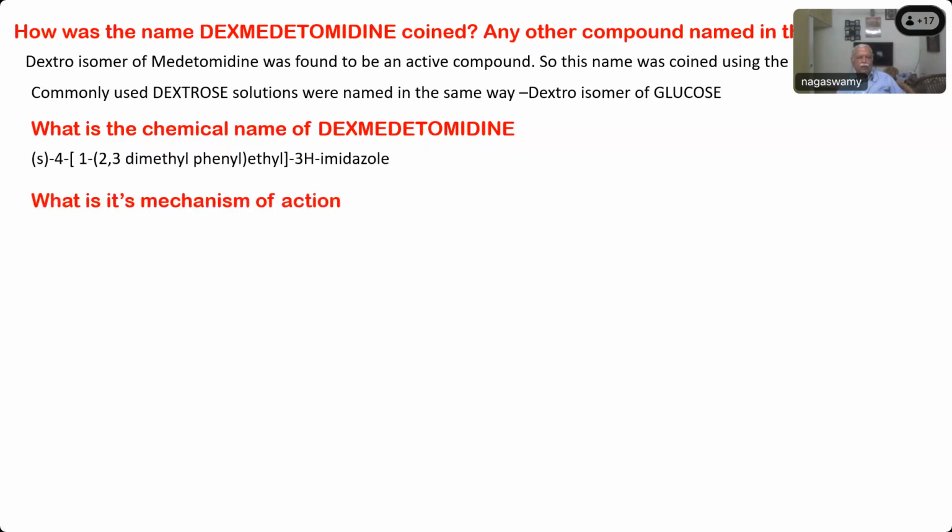So it is an imidazole compound. At least remember that. What other imidazole compound are we using? Etomidate, sir. Etomidate is an induction agent. Very good. So this is also an imidazole compound. What is its mechanism of action? This, of course, is a very common pharmacology question. Alpha 2 agonist. Alpha 2 agonist. Okay.